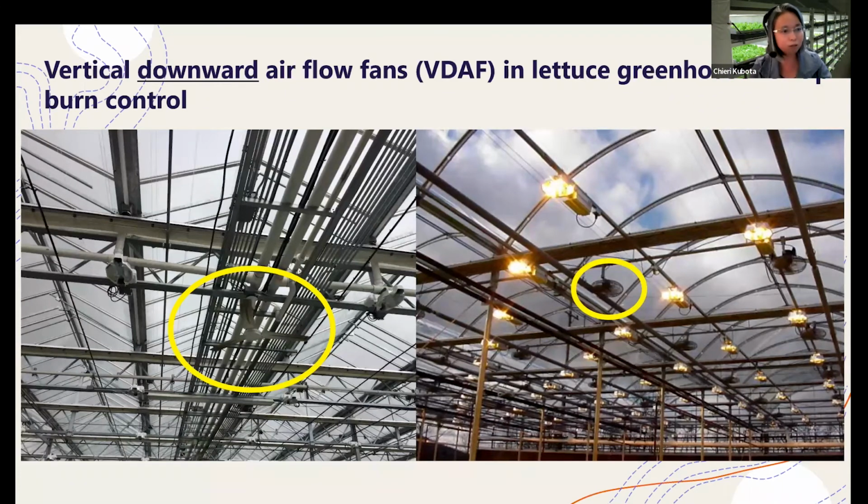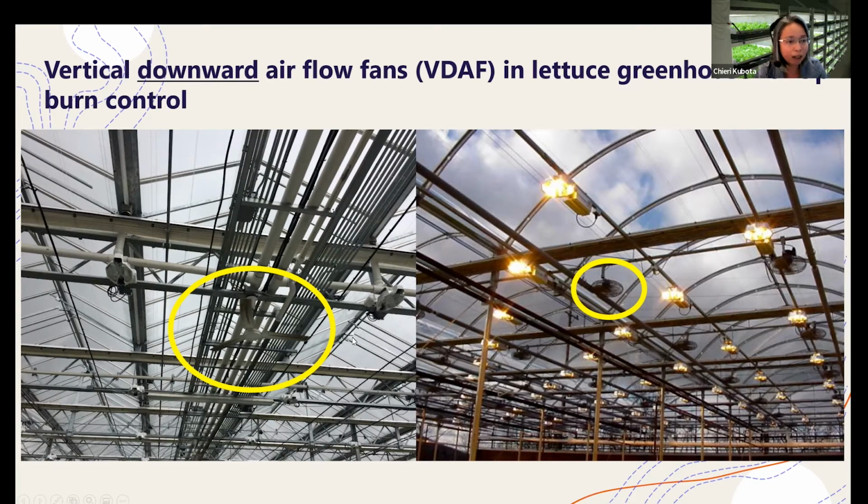You have to go downward, hitting the crop, so the air goes directly over the crop. That's why growers use this kind of ceiling fan, like your warehouse might use, or regular HAF fans, which are designed to go sideways and down. So that's for tip burn management.